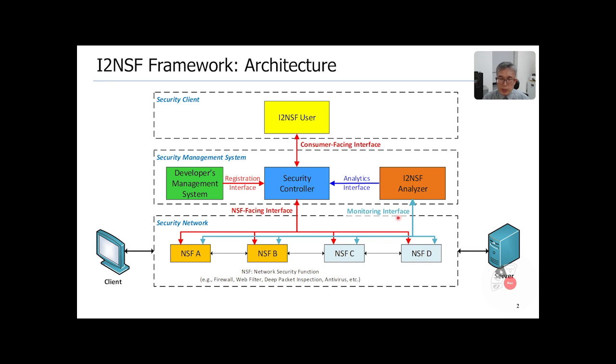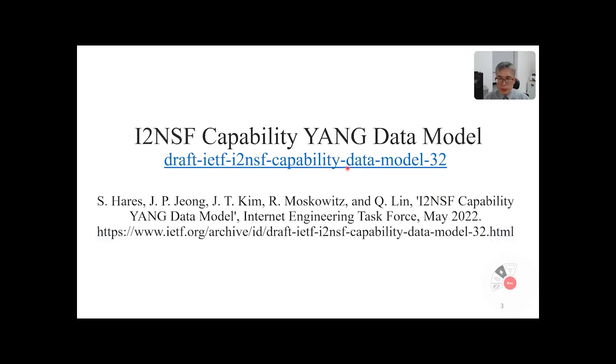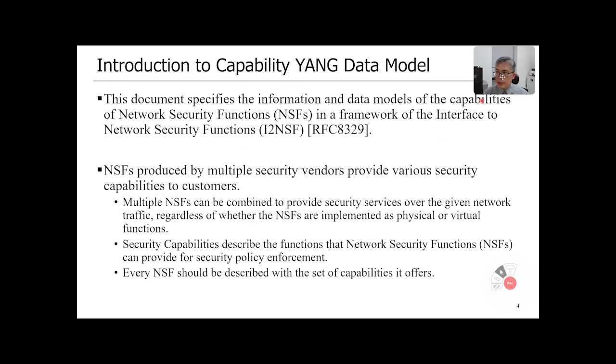They have their own Yang data models. So the capability Yang data model is a basis for them. I am the editor for this document. It has been approved as an RFC for Internet Standard by the IETF.